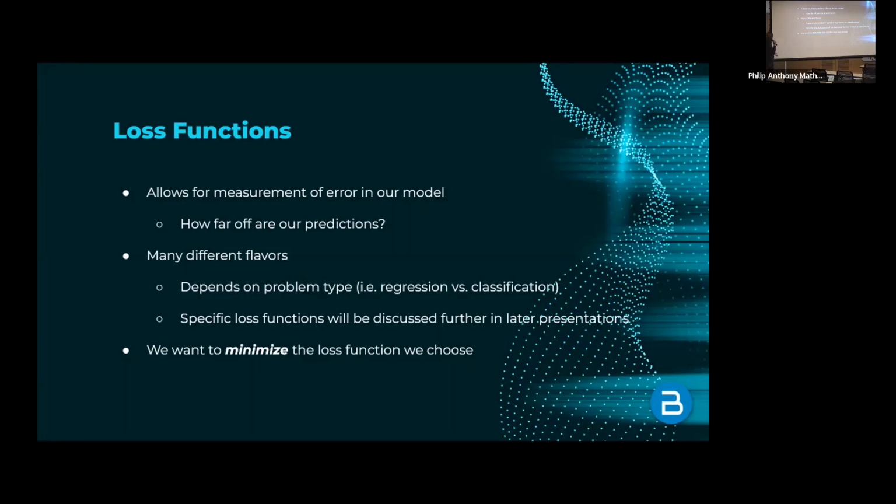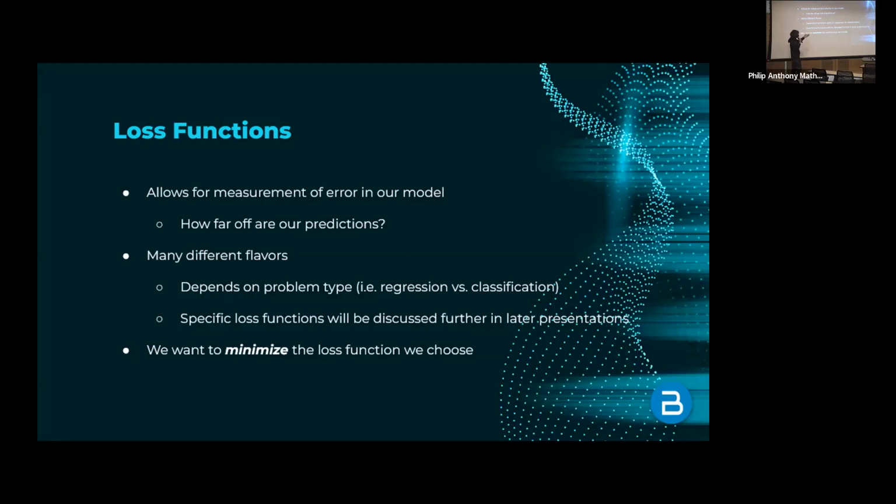And the thing is, the loss function really does depend on the problem type, whether it's a regression, dealing with real values, 1.165, stuff like that. Stock prices, or classification where it's like discrete values, like it's gonna be 1, 2, 3, 4, but nothing in between, no decimal points. That's the way I like to think about it.